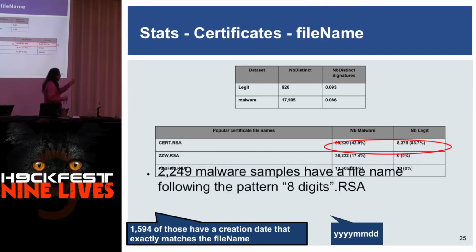Some of them figured it out, but a lot didn't. There's 17% zzw.rsa. It stands out. This is, again, the big cluster of 33,000 apps that we've seen since the beginning. So the file name is stupid, but it's really interesting.